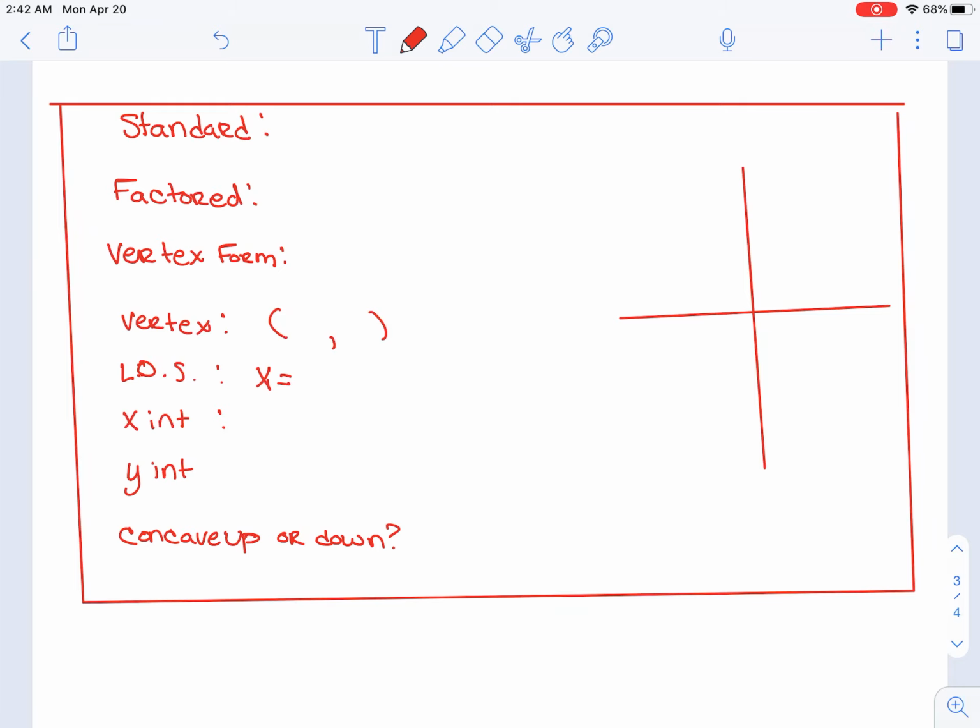I might just give you standard form and ask you for factored. But in the future, you're going to be asked to do this a lot in Algebra 2 Trig. So I do want you prepared to be able to see all these different things. So I am going to lecture on them all, and I'm going to test you for the ability to go from one to one other type.